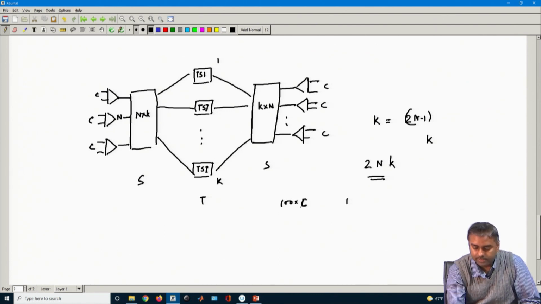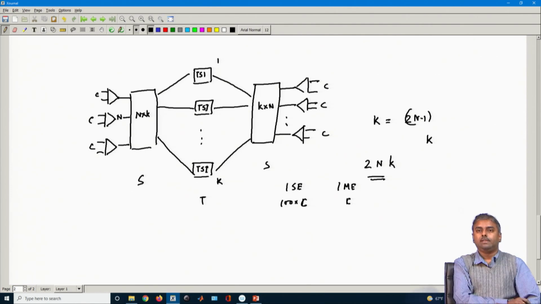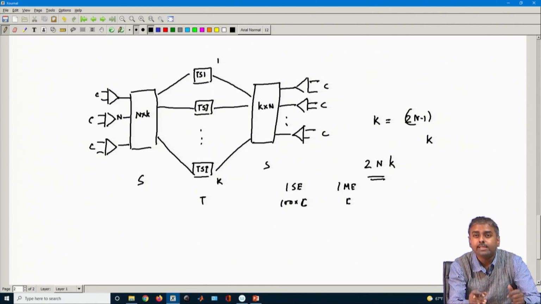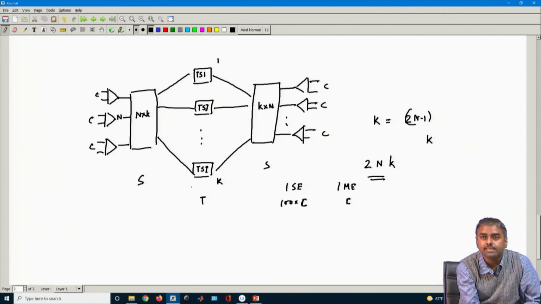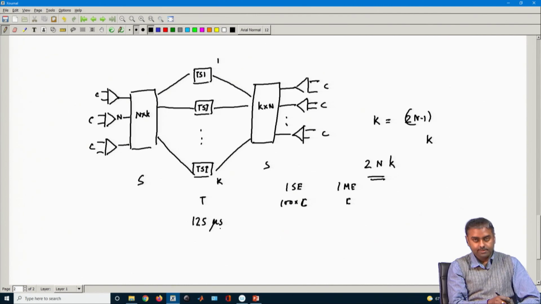Some unit cost: it will be 100 C for the switching element and only C for one memory element. This is the cost equation. Accordingly, if you try to minimize the cost, you will have to see it in this fashion. But over here there is one advantage, because you are doing only one TSI, it will always give you a 125 microsecond delay, not anything more than that.